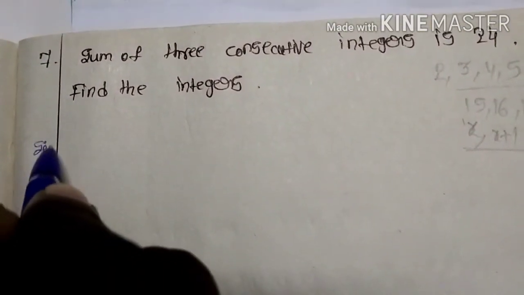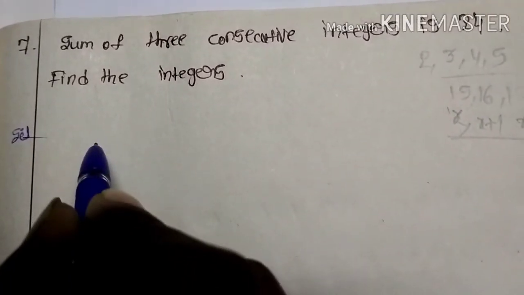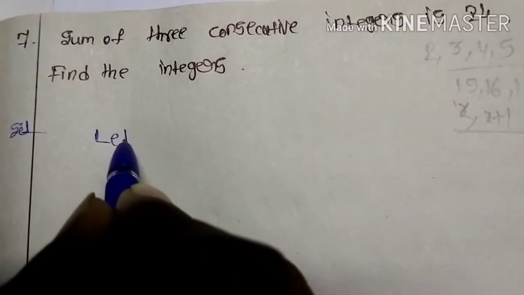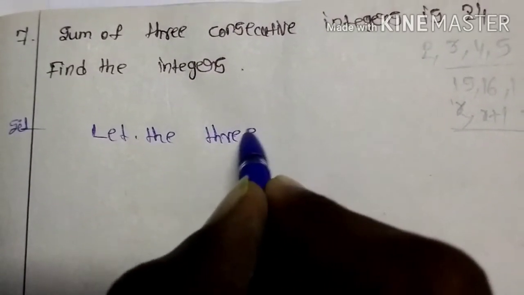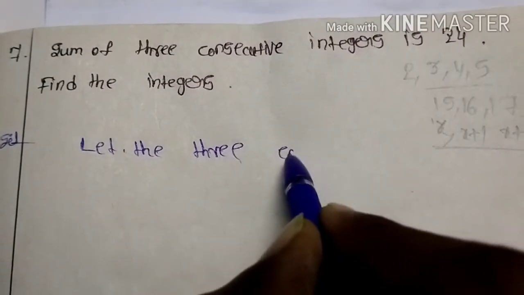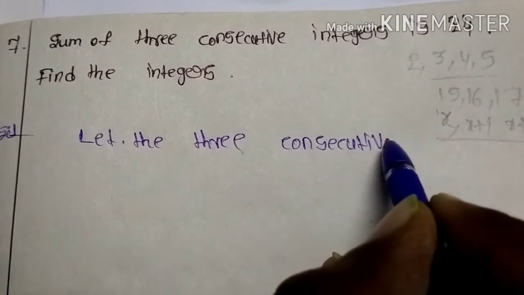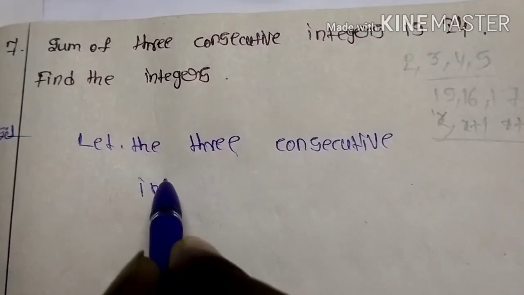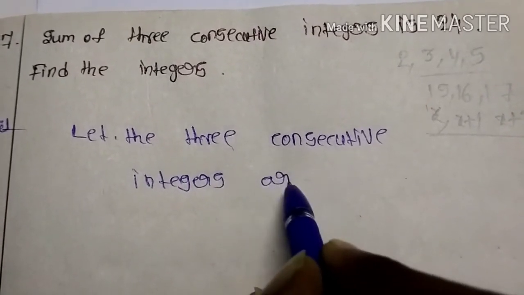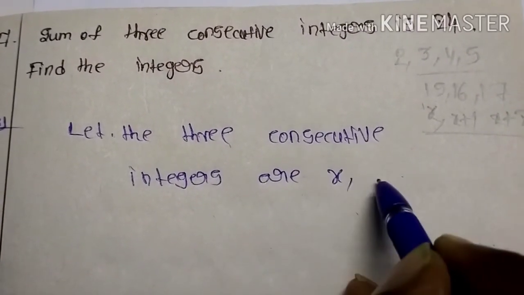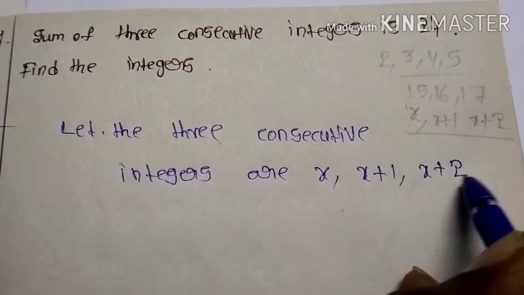We will write, see, sum of 3 consecutive integers is 24. That means first of all you can take here, let the 3 consecutive integers are x comma x plus 1 comma x plus 2.